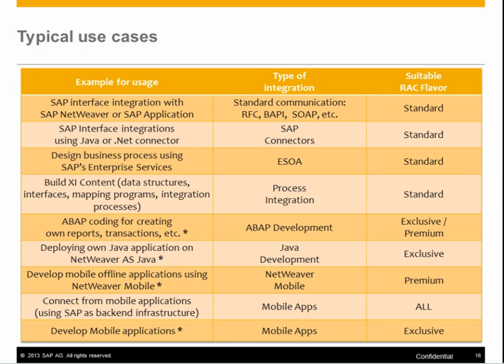That is the key capability of the services we deliver through RAC. And when it comes again to developing mobile applications on SAP's mobile infrastructure, the most suitable flavor is exclusive.